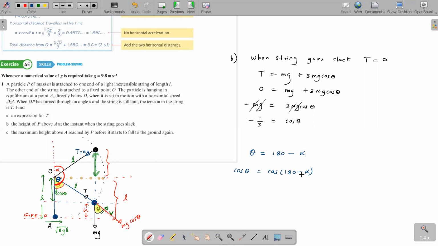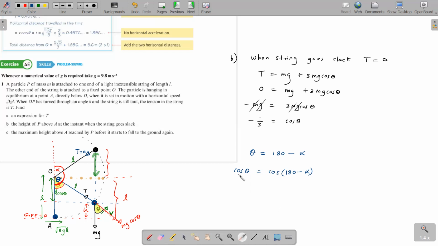Even the sine ratios are equal. Even the tan ratios are equal. So if theta is equal to 180 minus alpha, then sine theta should be equal to sine of 180 minus alpha. Tan theta should be equal to tan of 180 minus alpha. Cos theta should be equal to cos of 180 minus alpha. That's common sense, right? Are you with me?